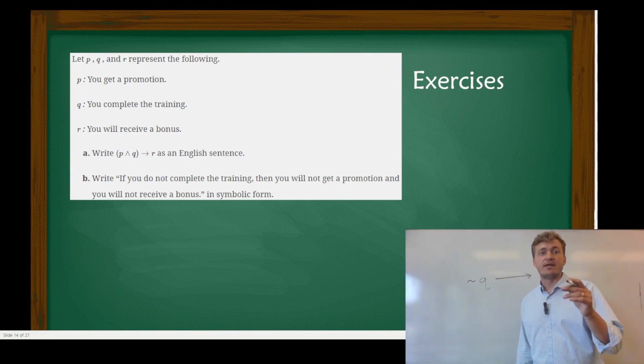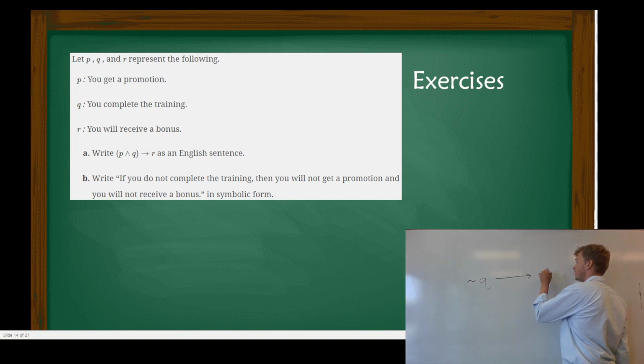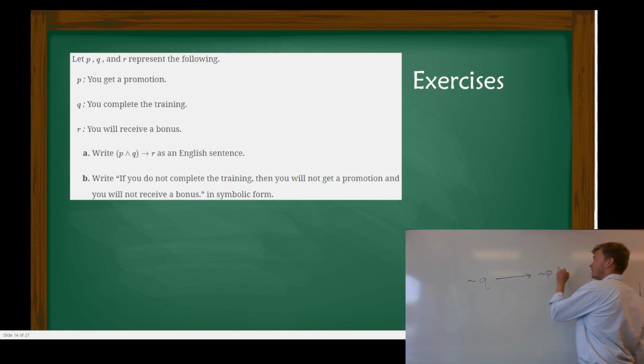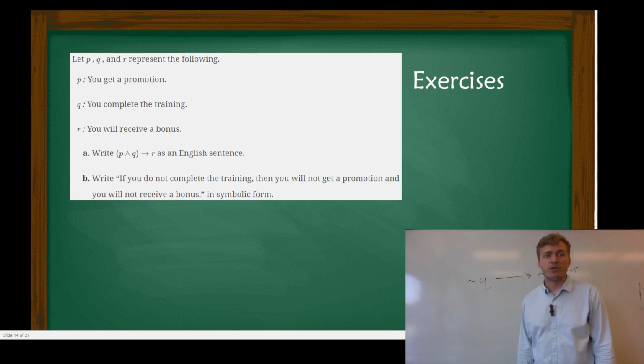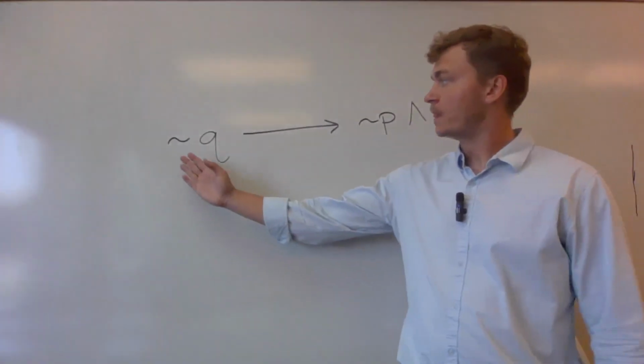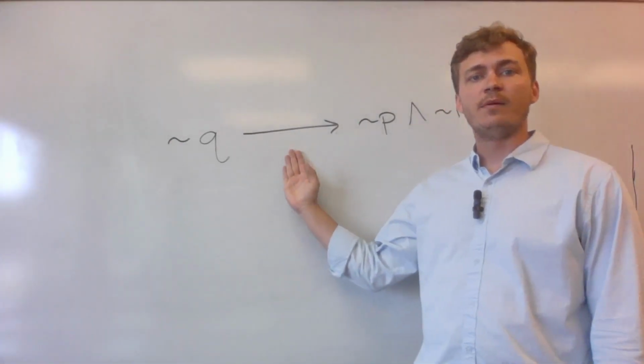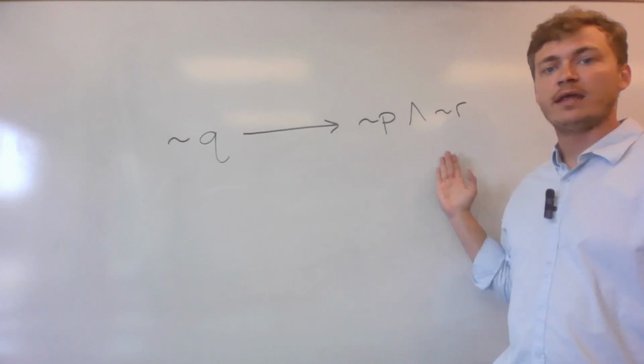So in this case here, getting a promotion is P, but not getting one is tilde P. And you will not get a bonus, the last one there, you will not receive a bonus, that is R. So if we go to the full screen here, it would indicate not Q implies not P and not R.